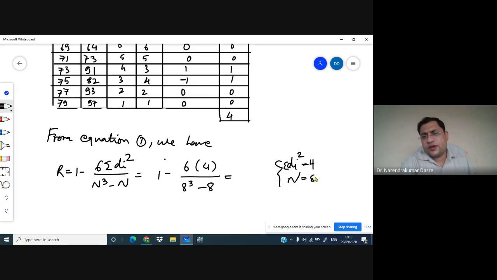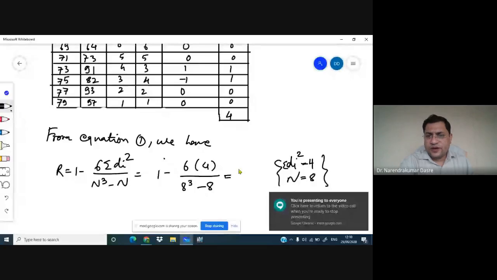Now tell me what is the value of r that you are getting. Okay, so please be careful: 0.9523 is the correct answer. 0.9523 or 0.9524, that doesn't matter, but this is the answer you will have.